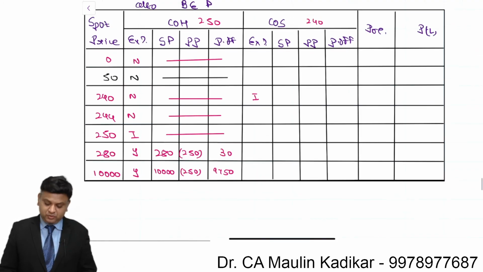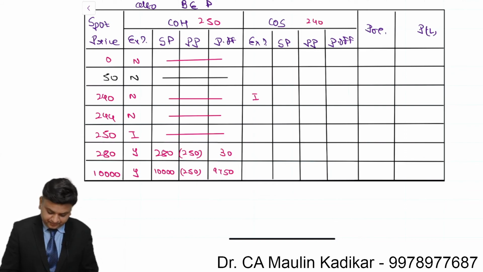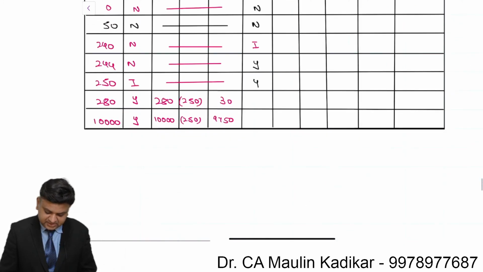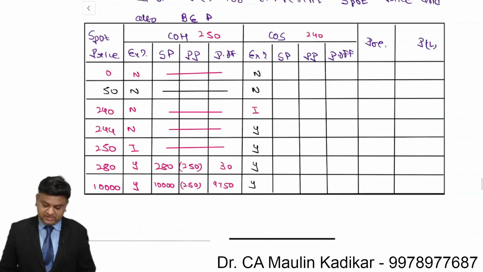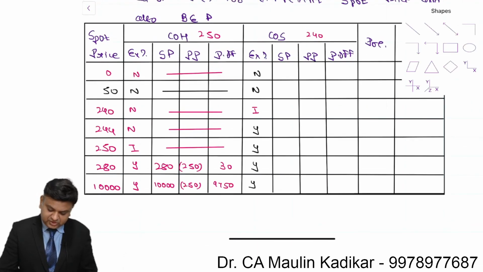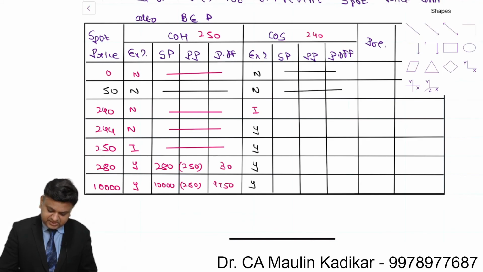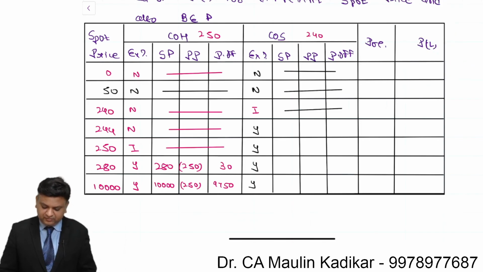He will not exercise if at all the price is lower than 240. When the price is exceeding 240, then he will exercise. If he does not exercise or he is indifferent, the payoff is 0. If at all he starts exercising, then what will happen?